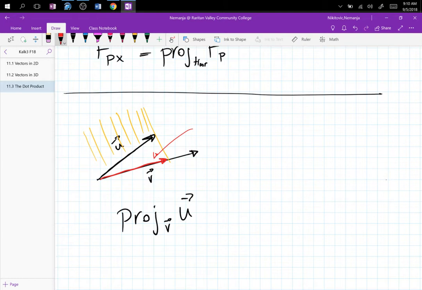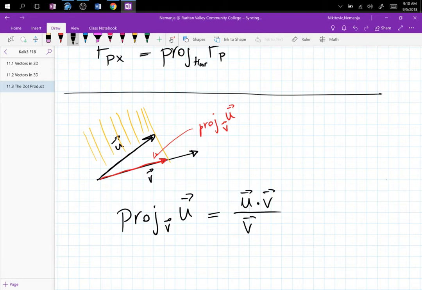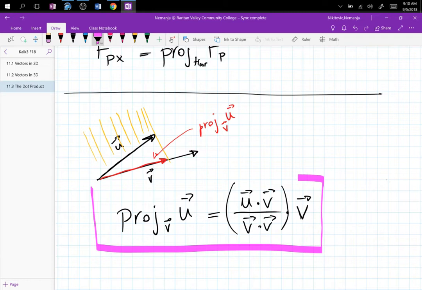The red one over here is the projection of vector u onto vector v. This projection is computed by the dot product u dot v divided by v dot v, and all of that times vector v. This is the formula that you will learn.